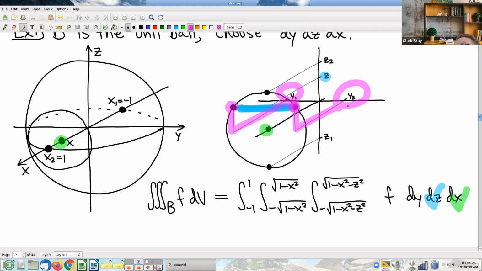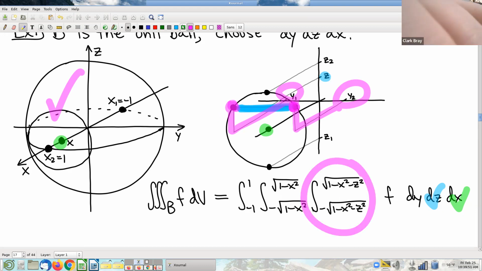And again, the process repeats. What do I know about the points? Well, these points are on the sphere, and the sphere has a certain equation, and X and Y are both already known, and solve, and you get this. And of course, they are, as they are allowed to be, functions of X and Z, which are, of course, fixed.